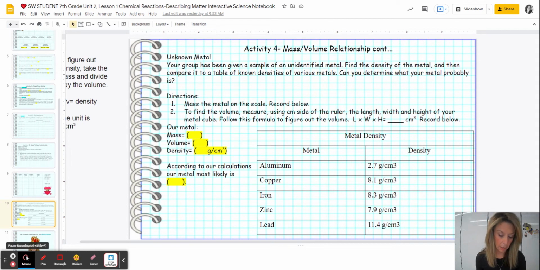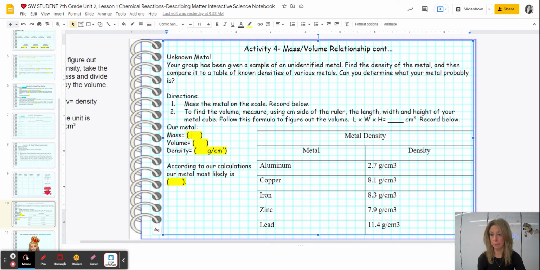It's dropped down to 45.7, and it's hovering there, so I'm going to leave it at 45.7. Sometimes it changes, and we've got to just let it settle. On our data chart, in slide number 10, the mass is 45.7 grams.